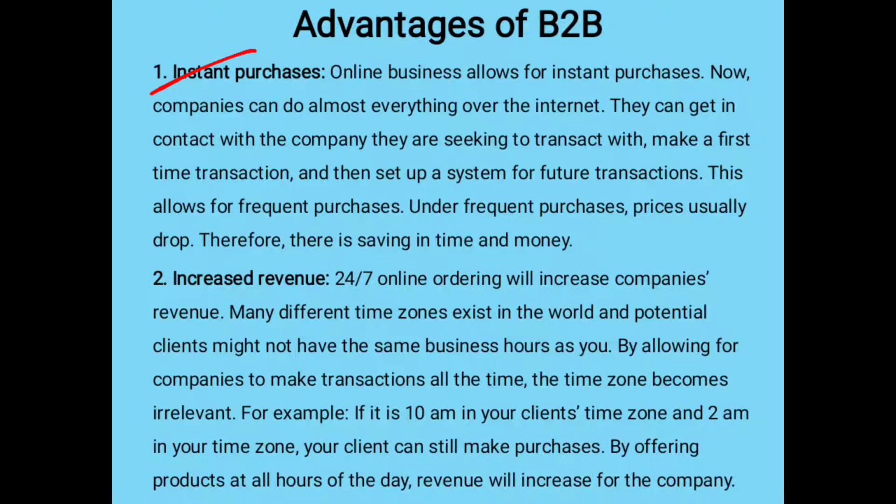Many different time zones exist in the world, and potential clients might not have the same business hours as you. By allowing companies to make transactions all the time, the time zone becomes irrelevant. For example, it is 10 a.m. in your client's time zone and 2 a.m. in your time zone. Your client can still make purchases. By offering products at all hours of the day, revenue will be increased for the company.